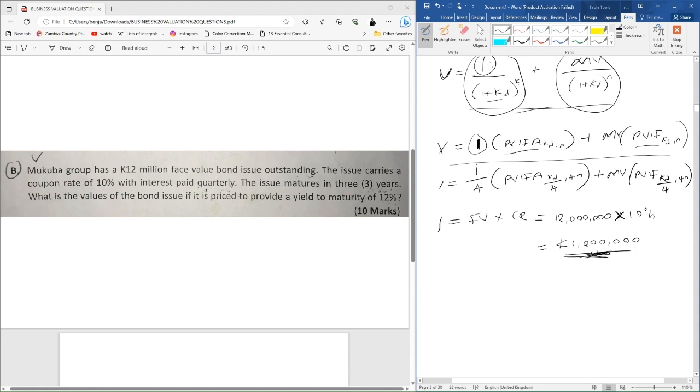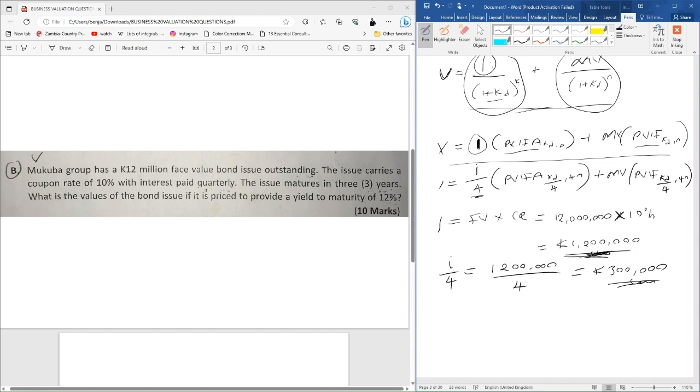So that's going to be I divided by 4: 1,200,000 divided by 4. Since we're dividing this by 4, we get a new quarterly coupon payment of 300,000. This is our quarterly interest payment, 300,000.